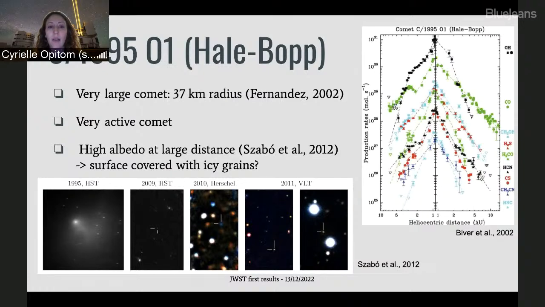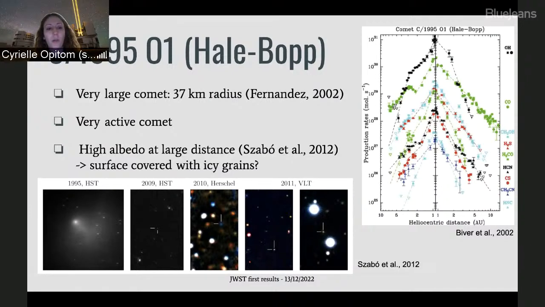So Hale-Bopp was very big, and that meant it was a very, very active comet as well. The gas Hale-Bopp produced and its composition was observed over a record range of heliocentric distance for comets, as you can see in the plot there on the right. So this is one of the most well-studied comets ever.